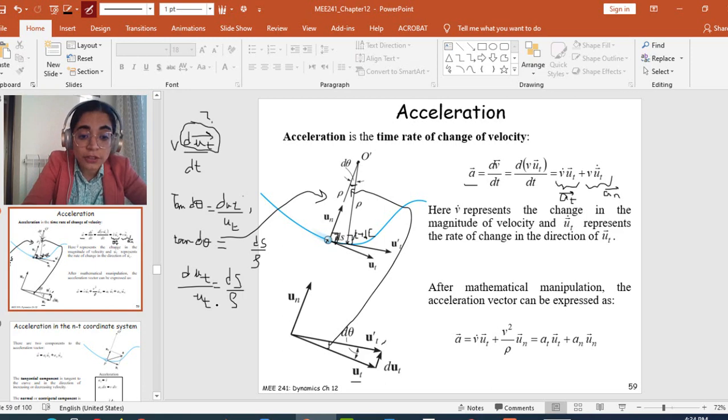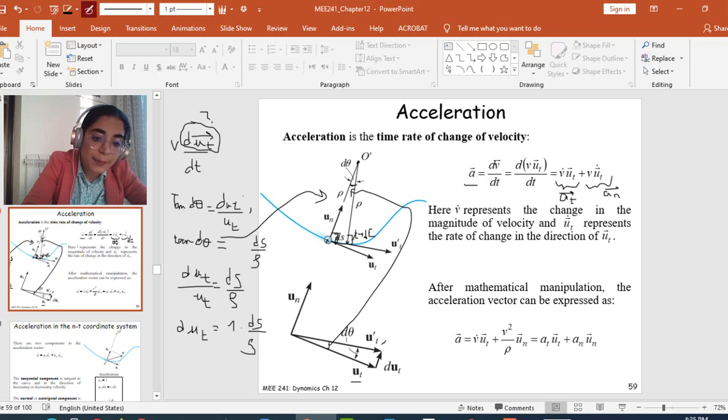So dut over ut should be equal to ds over rho. And this means, guys, that dut is equal to ut. Now, what is ut? It's 1. So, guys, here I'm talking about the algebraic values, all right? Because I'm finding tangent d theta, which is not a vector. So ut is 1. So it is 1 times ds over rho.